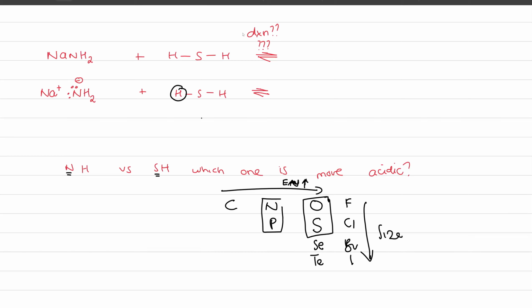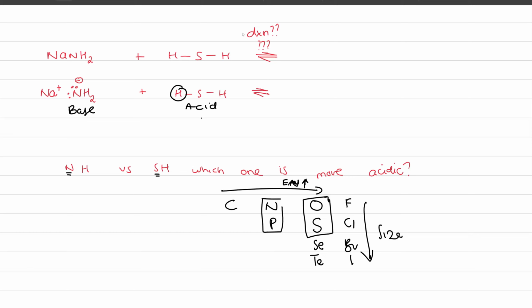Okay, so this is more acidic, which means this will play the role of a base. You see the negative charge, it has to be the base. Is that always true? Yes. If one has a negative charge and the other one is neutral, the one with the negative charge will be the base.